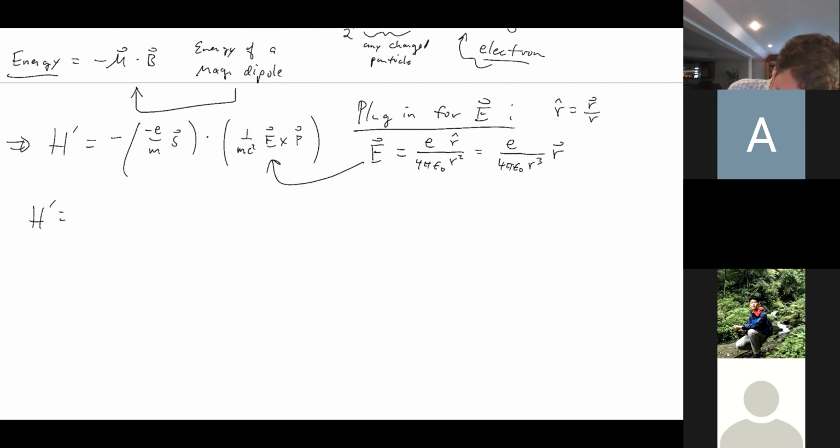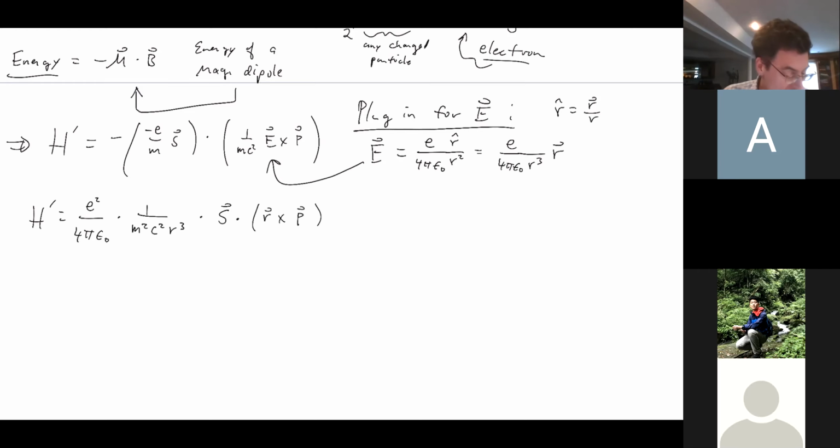And so now we see that H prime is equal to, lots of constants here, let me combine a few constants just to save some writing, e squared over 4 pi epsilon naught times 1 over m squared c squared r cubed times S dot r cross p. Okay, so a little bit of math, but nothing too hard.